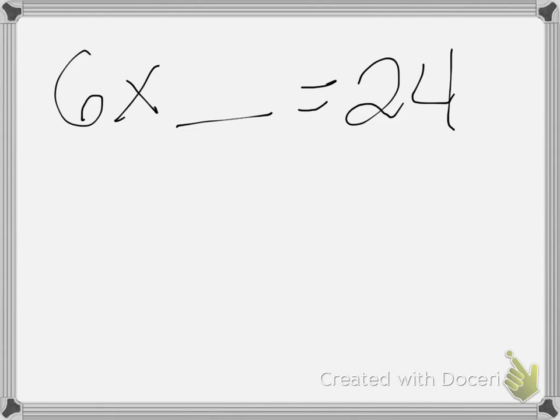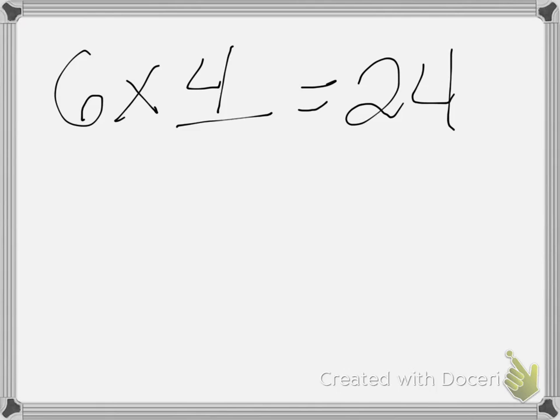You can list your multiples off to the side, say them in your head, or use a multiplication table. I don't care, as long as you know that what we're looking for is what number I have to multiply 6 by. So 6 times 4 equals 24.